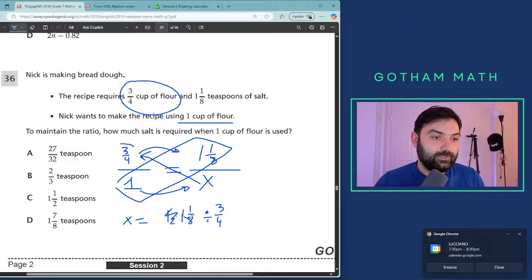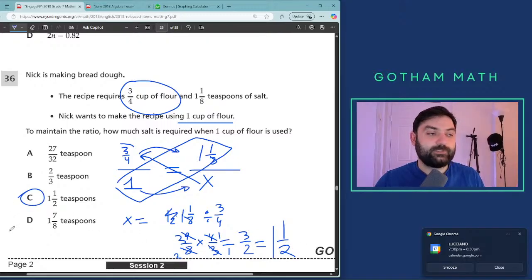So we convert this into 9/8 times 4/3, and it's easy to reduce here, you see? 3 and 9, 1 and 3, and 4 and 8 is 1 and 2, which is 3/2, which, if we convert into a mixed number, is 1.5. The answer is C. It's decently hard, you have to deal with fractions and convert a lot, but the proportion is the hardest part here, and if you set it up correctly, you won't make a mistake. All right.